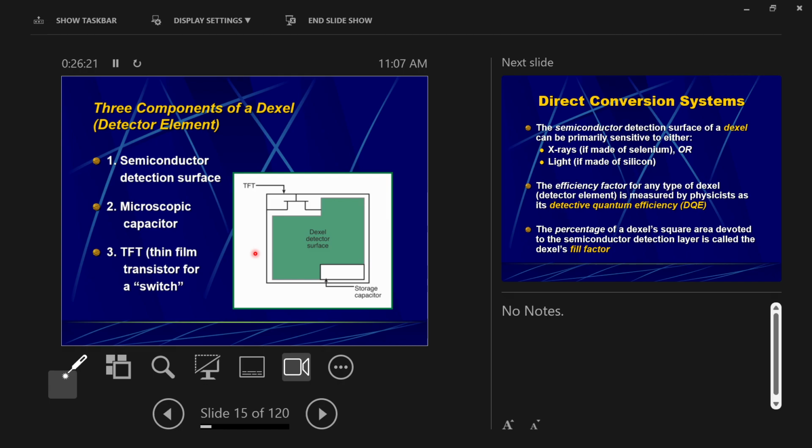You can fit 100 times 100 dexels inside your pinky fingernail. So let's take a look at what they're made of. First off, you have something called the detector surface. That's important: the surface, the area, the thing that detects radiation.